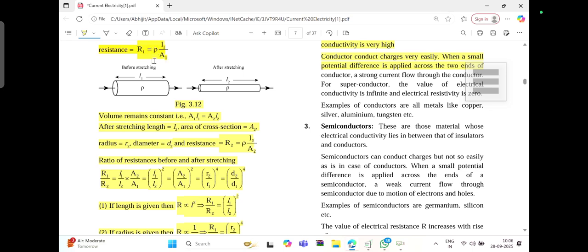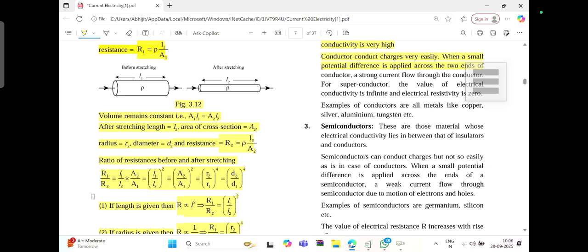I told that rho is a material dependent quantity, dependent on material and temperature also, not dependent on L and R. So R1 by R2 is equals to L1 by L2 into A2 by A1, which is equals to L1 by L2 whole square.